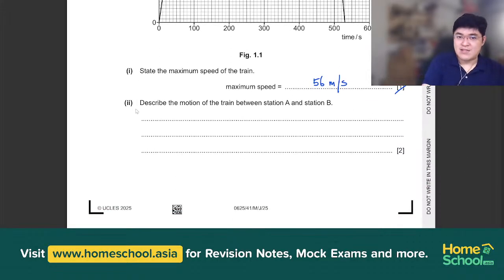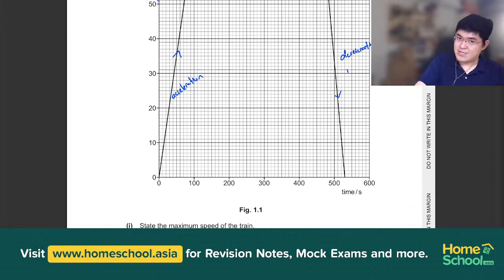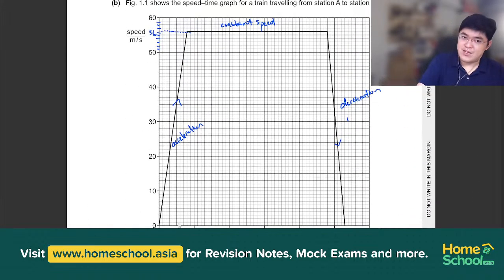Question B, part 2, wants you to describe the motion of the train between stations A and B. So as stated before, you can see over here, from here to around here, sorry for the not so straight line, from here to here, the train is accelerating.